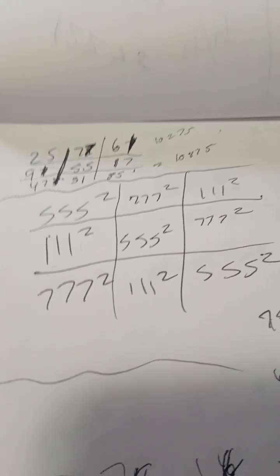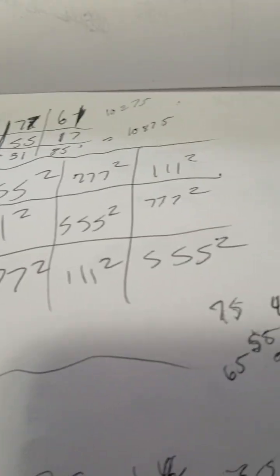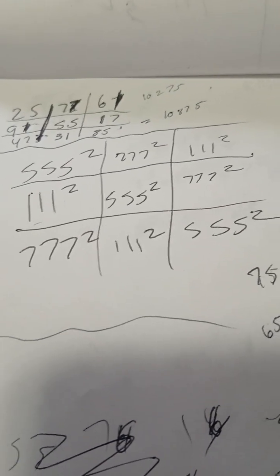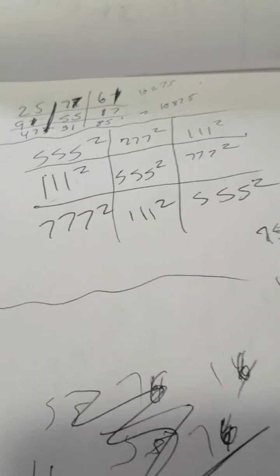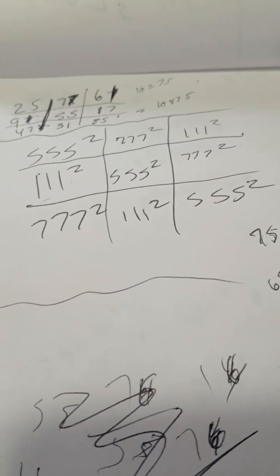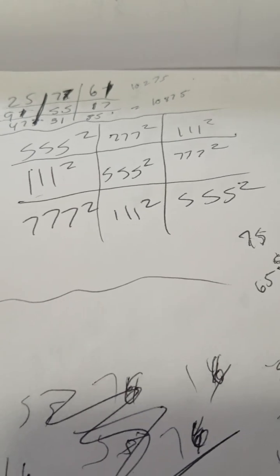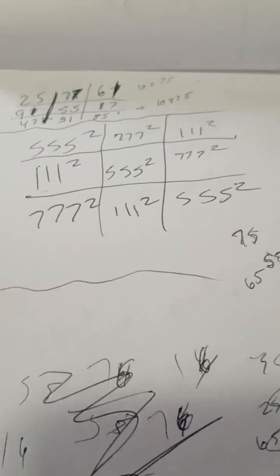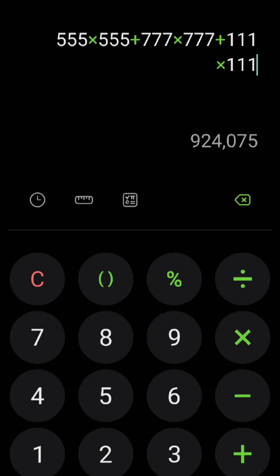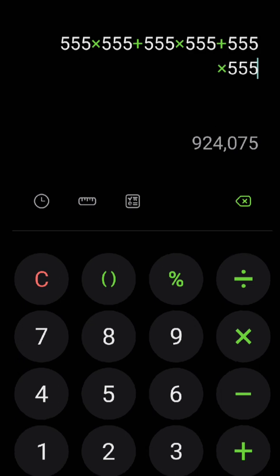The number's like 9 million and something, but you can check it out for yourself. Okay, it's actually 924075, and I'll show the calculations for that on the screen right about now. Here we go. That should be enough time.